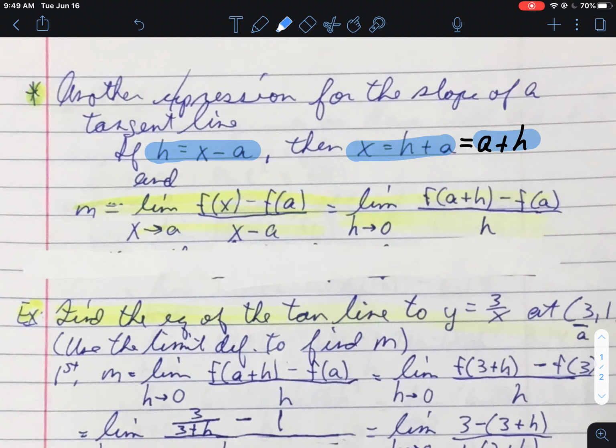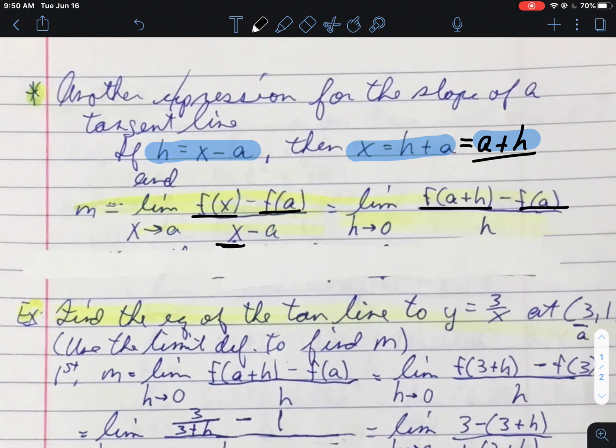Then we're just going to take that and substitute into our previous limit definition. In place of x, I'm plugging in a plus h. So instead of f of x, I've got f of a plus h. I still have f of a, so f of a plus h minus f of a. Now, in place of x again here, where we're putting in a plus h, notice what happens.